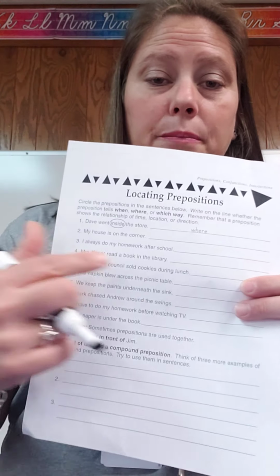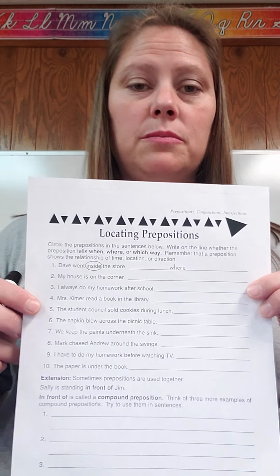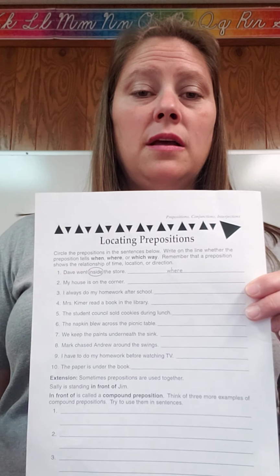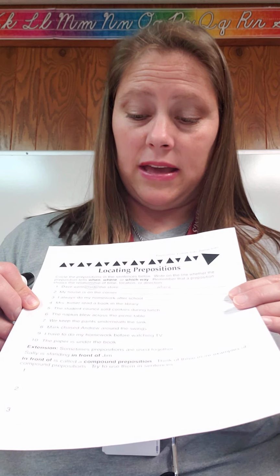And then on the back side, you're going to be finding the prepositions in each of these sentences and circling them. And then you're going to write on the line over here whether or not the preposition is telling you when, where, or which way. Okay, because it's important to try to recognize what information the preposition is giving us.